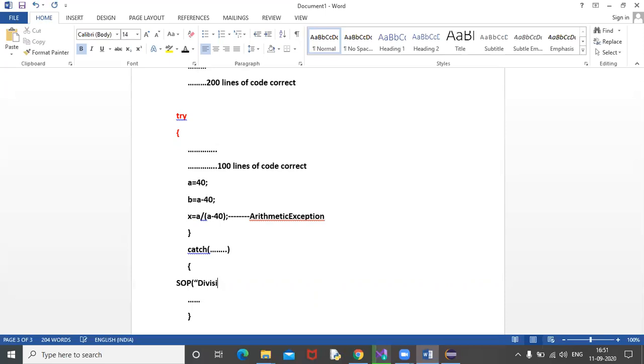Got it? I can make a message like this, so whenever I come across such abnormal event, so-called exception, obviously I'm going to get one simple message like this. The remaining part of the code never gets trouble. They are all perfect and I'm getting that executed.